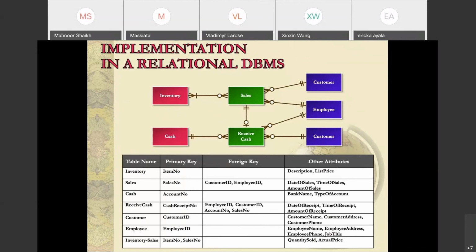So let's do a brief recap about this, right? First, after we have the REA diagram, we construct the tables, the relational database. So we find all the potential tables and how those tables are related to each other using the foreign key.